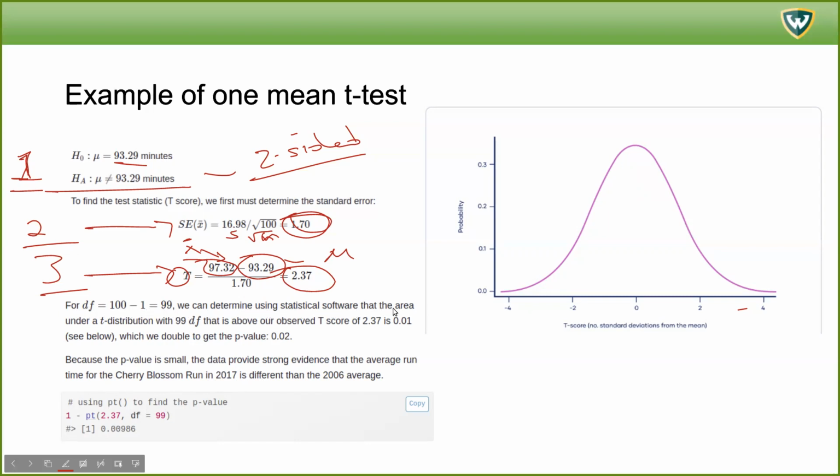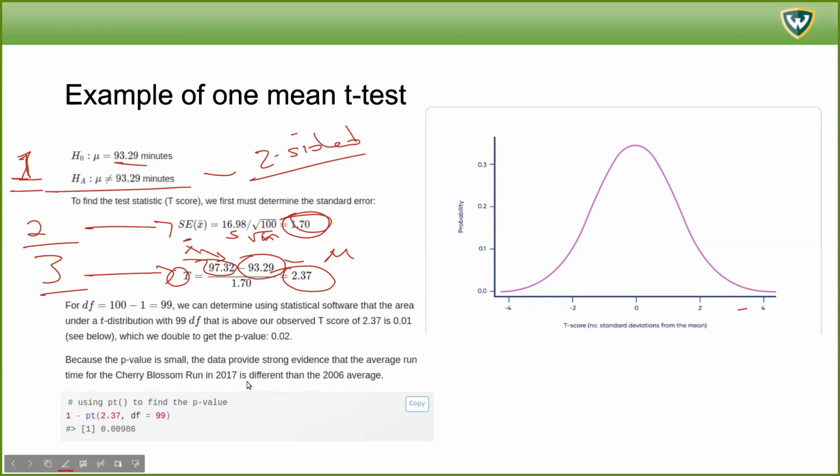We can determine using statistical software that the area under the t-distribution with 99 degrees of freedom that is above our observed t-score of 2.37 is 0.01, which we double to get the p-value 0.02, and we double because of the two-sided test. Because the p-value is small, the data provides strong evidence that the average run time for the Cherry Blossom Run is statistically different from the 2006 average.